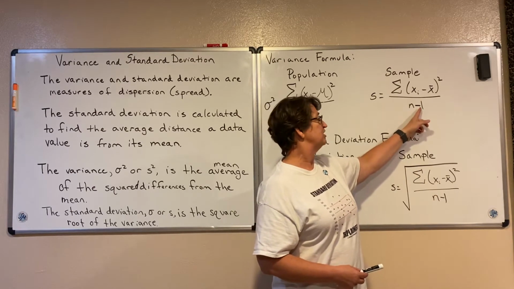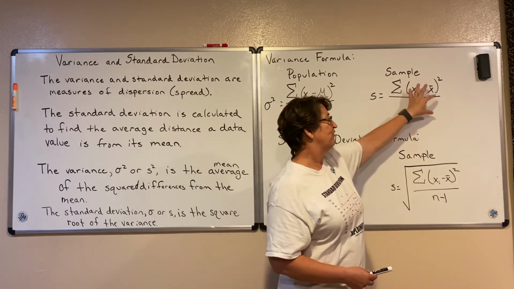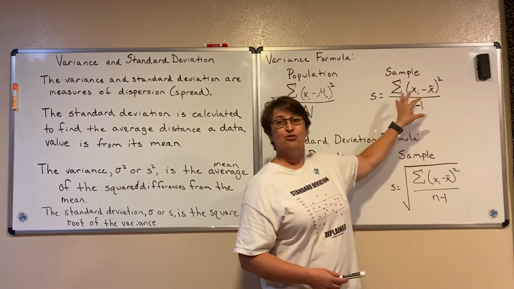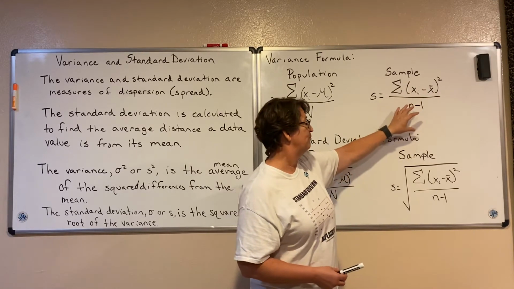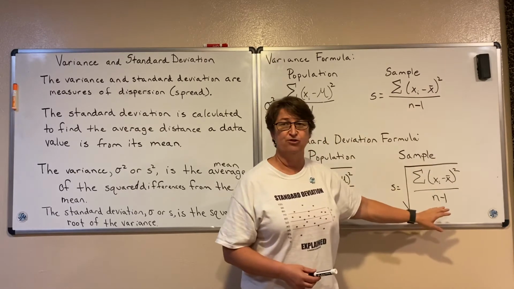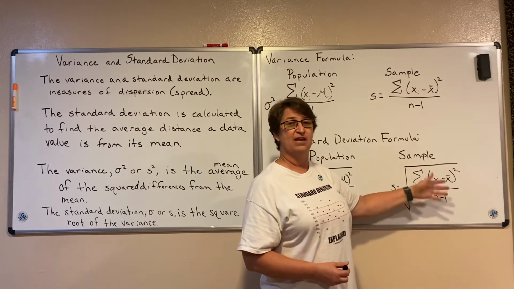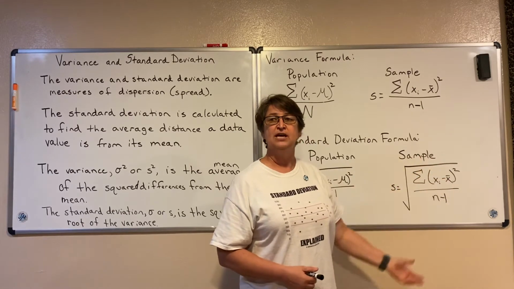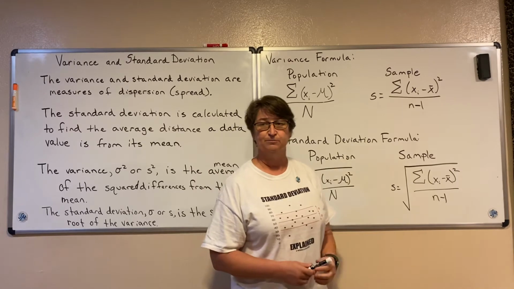We're actually going to subtract 1 from our sample size when we're finding that mean. And the reason this adjustment's made in the formula for sample variance and for sample standard deviation is to account for the fact that the sample variance and the sample standard deviation is a biased estimator of the population variance.